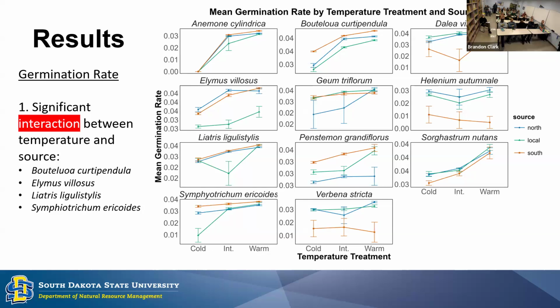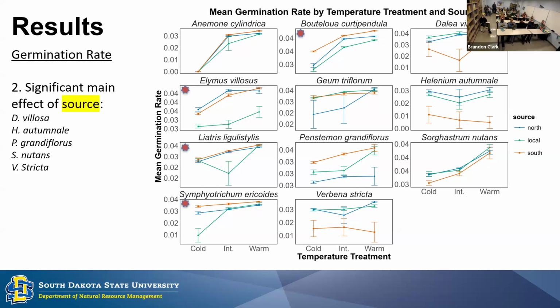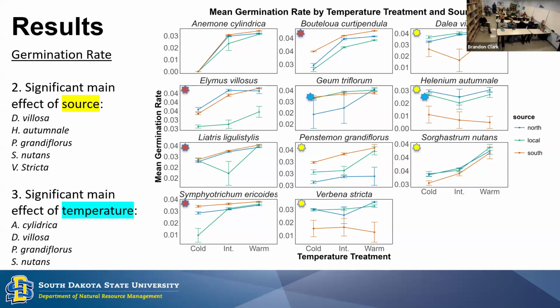Looking at germination rate, we see an interaction between temperature and source for 4 of those species, with 2 of them being grasses and 2 of them being forbs. For the species that did not have significant interaction effects, we saw main effects of source in 5 species, and main effects of temperature in these 4.